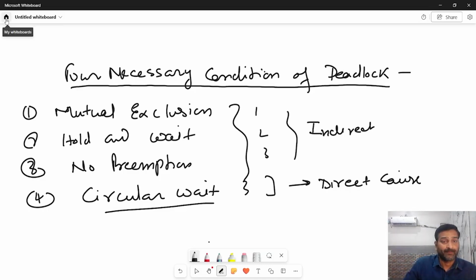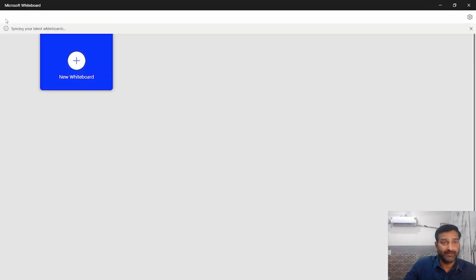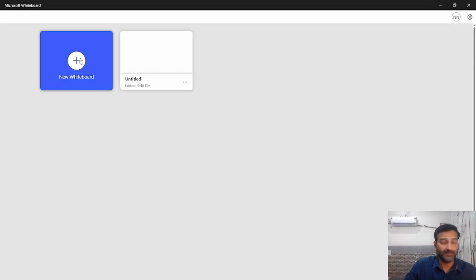So let us understand what mutual exclusion is and how it causes deadlock. If there is mutual exclusion, the question is: will the deadlock occur or not?